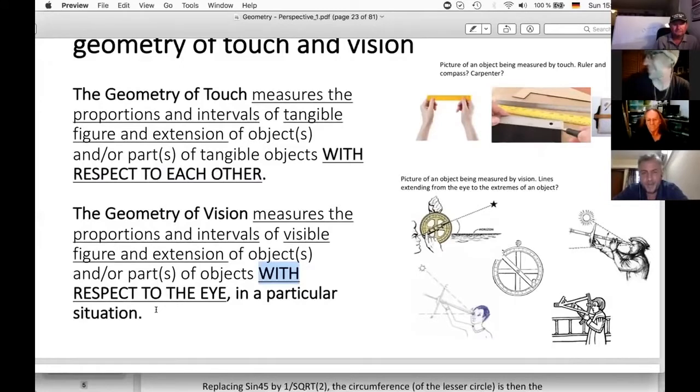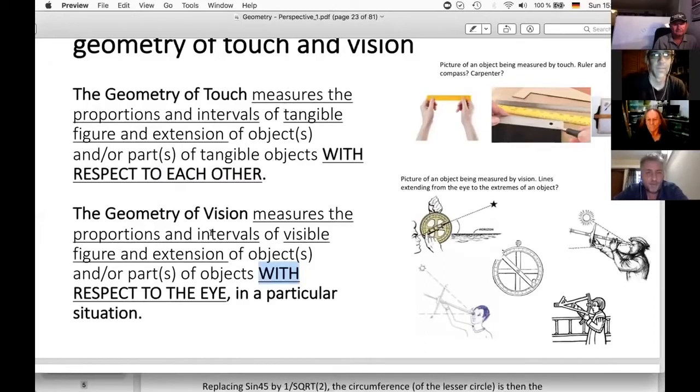And we can never forget that that's relative to exactly where you are and how you're looking at it. Also the inclination and the rake of your head and the way you look at things. And that stuff is a completely different way of measuring objects than tangible stuff is.